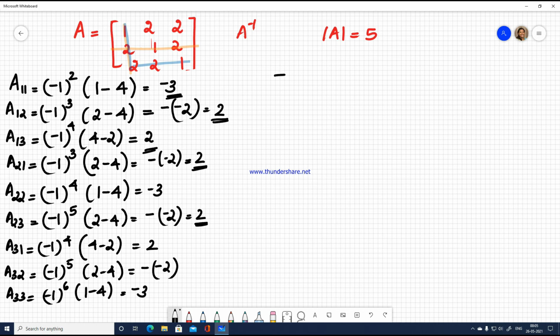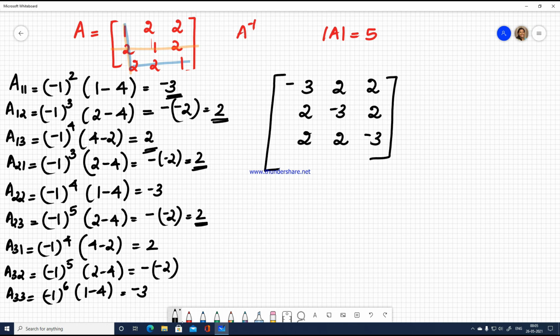Now write every element in the square bracket. So it is minus 3, 2, 2, 2, minus 3, 2, 2, 2, then you write minus 3. So this is the cofactor. So you need to find the transpose of the cofactor.